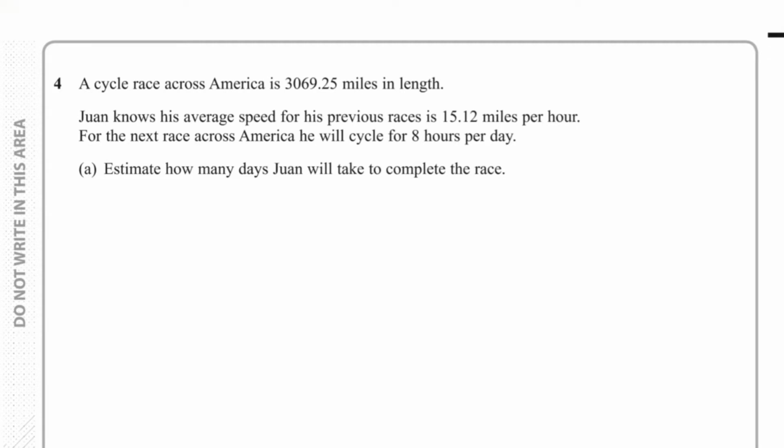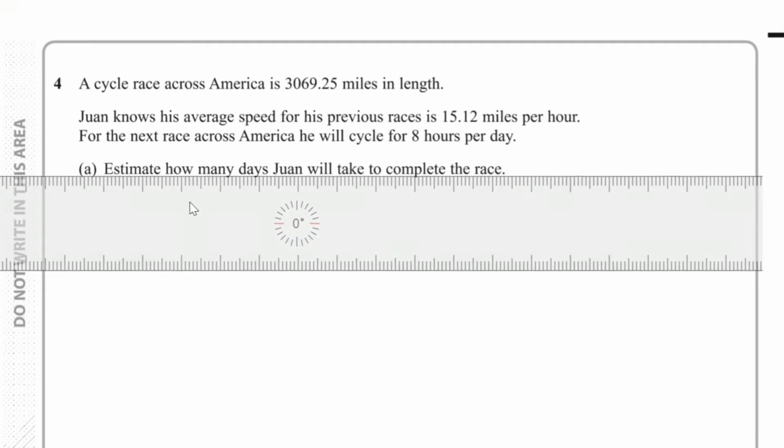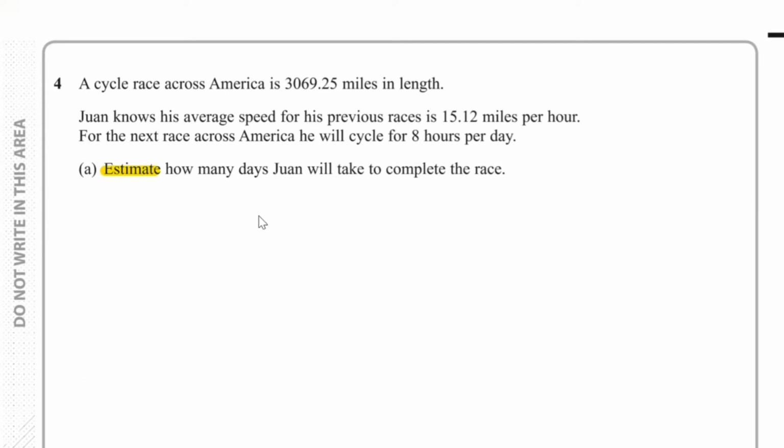Well, because in this question the keyword is estimate, what we have to do is round these values to sensible values. And so the 3,069.25 miles, a sensible value for that is 3,000.